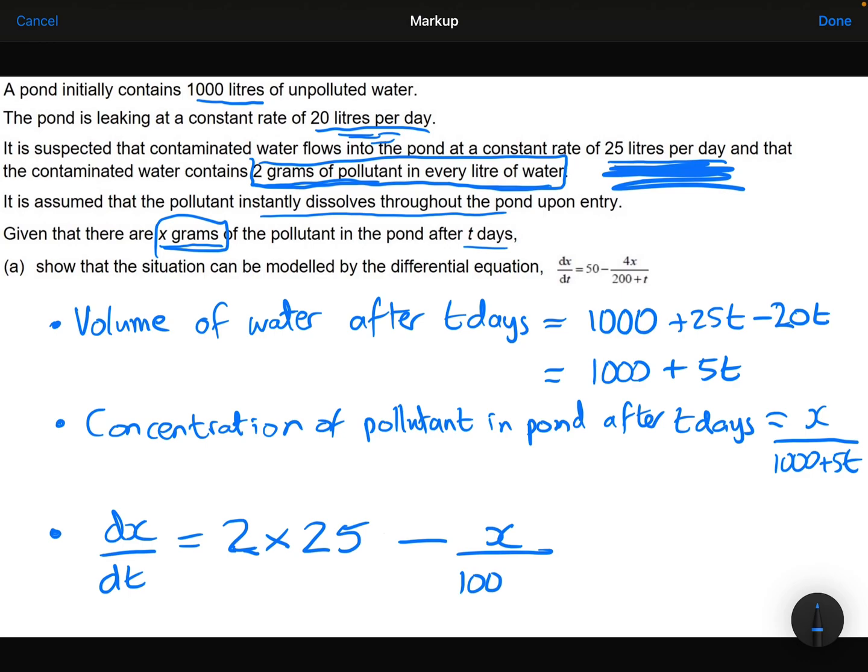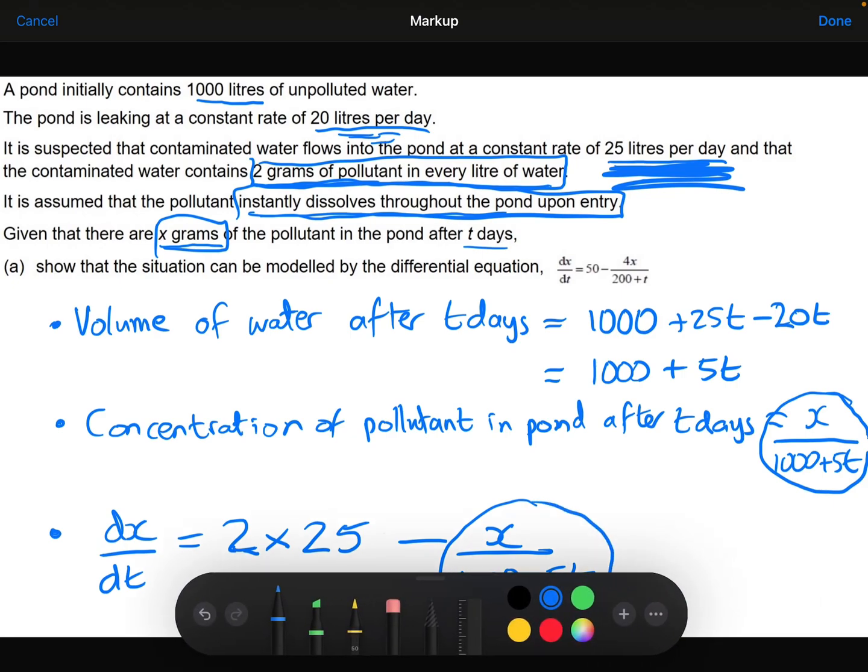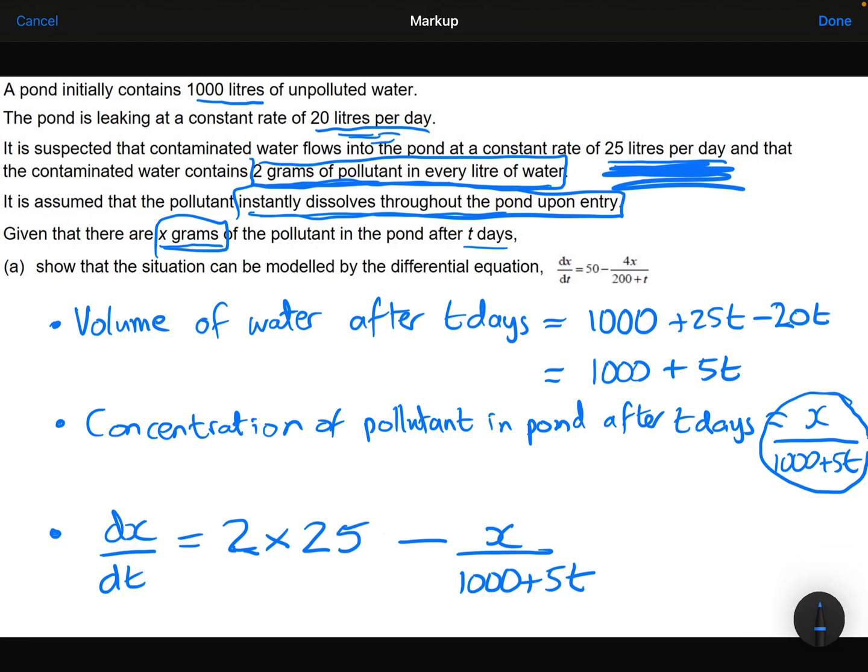This is where we're using the assumption: the fact that it's assumed that the pollutant instantly dissolves throughout the pond upon entry allows us to take the general concentration of the pollutant and use it as the concentration of the liquid flowing out. We multiply that by the flow rate of the liquid flowing out, which was 20.